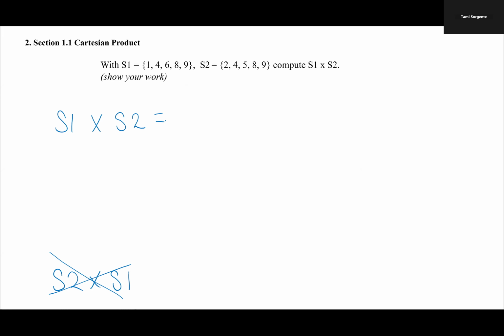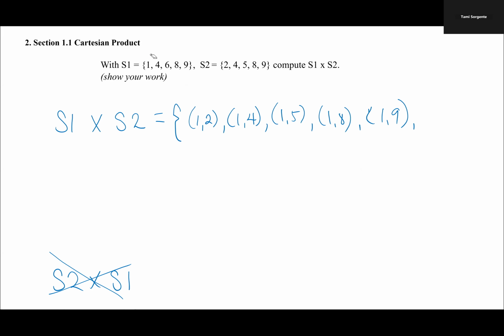So you would make a new set of the ordered pairs. You start with 1, and the first ordered pair would be 1, 2. Then 1, 4. The next one would be 1, 5. The next one 1, 8. The next one 1, 9.